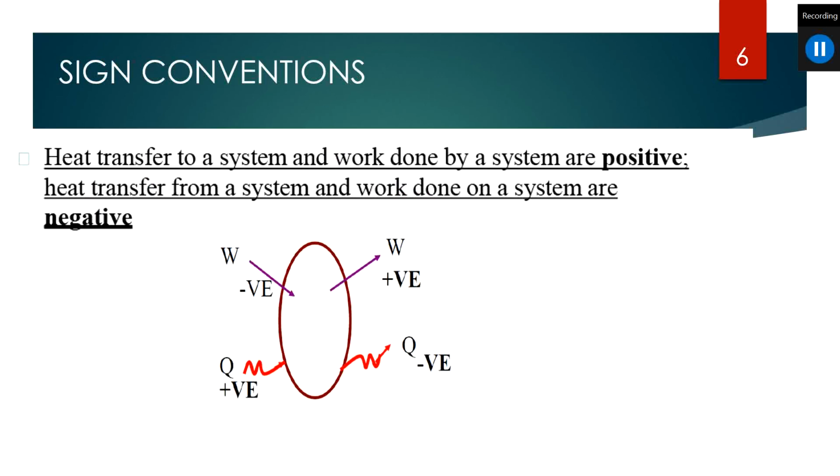As I already said, when work is done to the system, it is considered negative work, and if work is done by the system, it is considered positive work. Similarly, heat energy entering the system is termed positive, and heat energy leaving the system is termed negative.